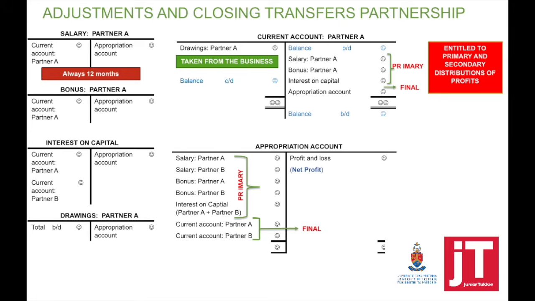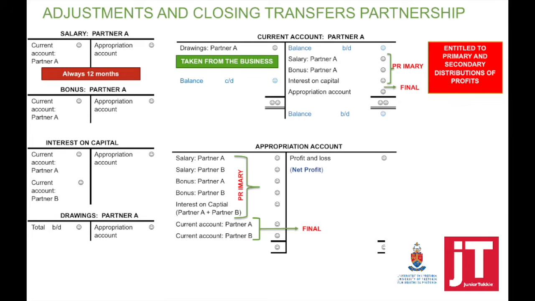Now, at the end of the accounting period, this expense account doesn't form part of the operating expenses. It forms part of the distributions of profits and is closed off to the appropriation account. When we do the closing transfer, it means that salary, bonus, and interest on capital will be credited, and the appropriation account debited.